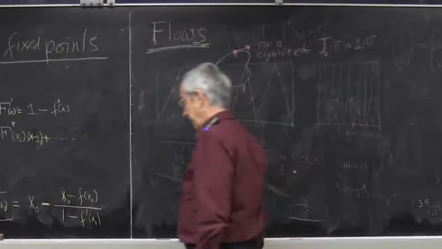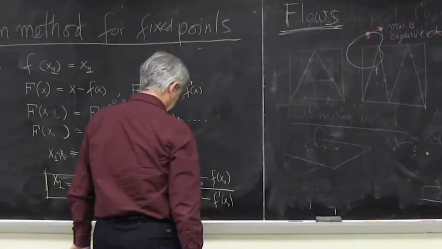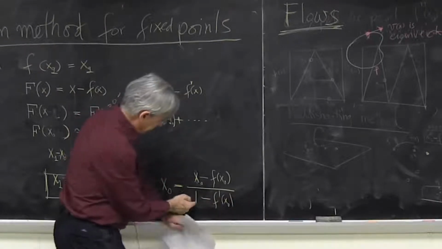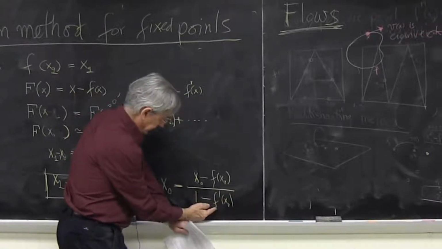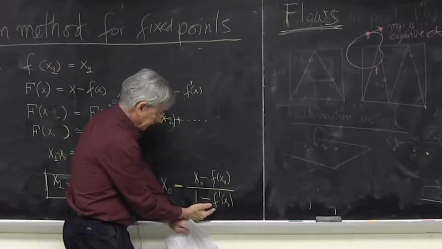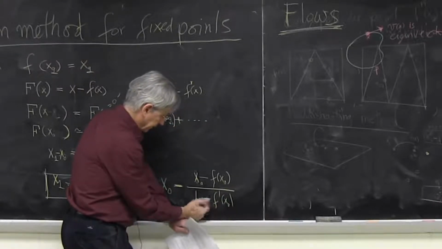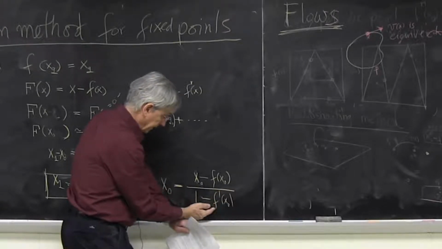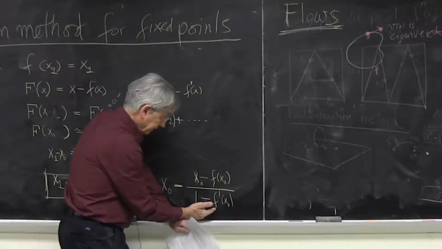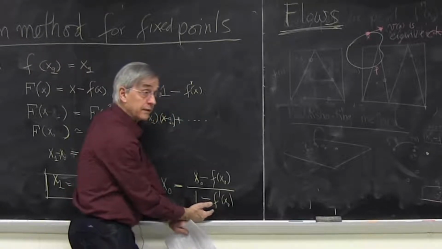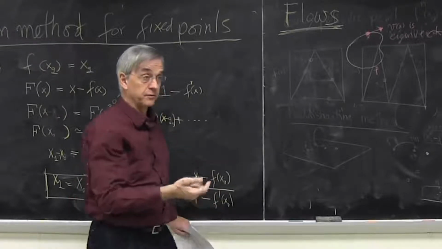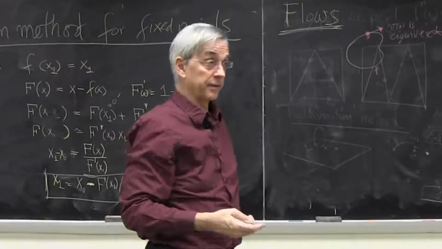And why do we care? Well, we care because what happens in this formula is we have a 1 minus derivative, which will later be the Jacobian, but is especially easy to understand in the case of a one-dimensional map. So if this thing has slope 1, where you're interested in, then this will diverge and I'll have no Newton convergence. I have no method.